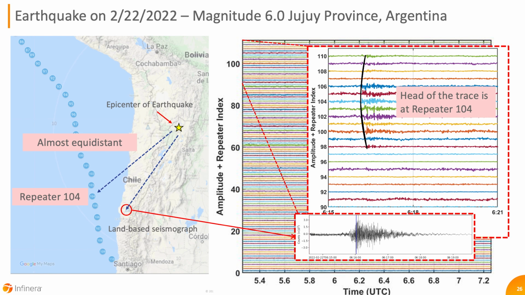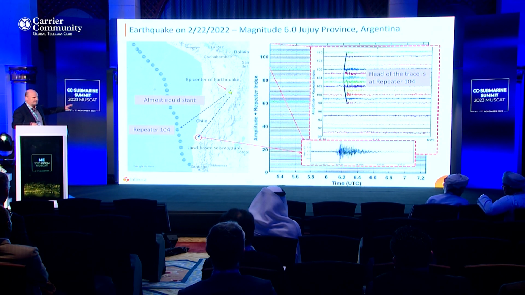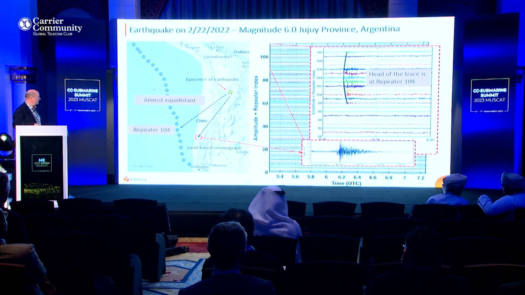And this location here is where a land-based seismic monitoring suite was located. And you can see the distance is pretty similar between repeater 104 and the actual land-based seismic sensor.